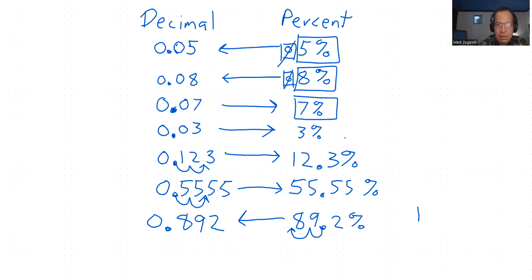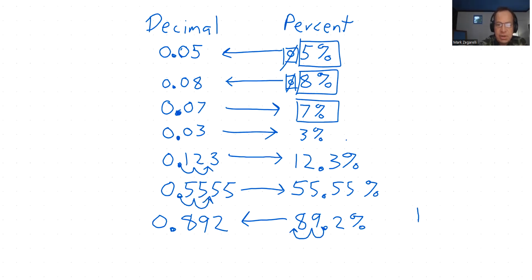So let's move up a little bit. What about if we have 76.543%? If we want to change this again, we're going to take this decimal point and move it over 2 places.